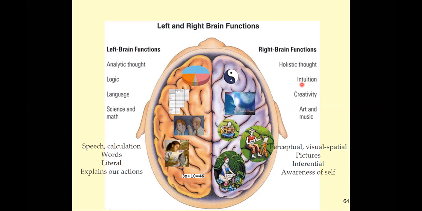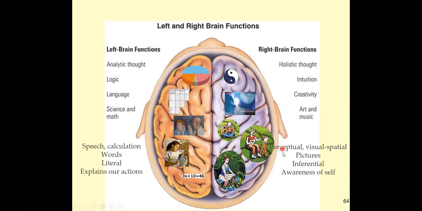When we know the answer to a question but don't exactly know how we arrived at that answer, this may be the big picture, holistic thought of the right brain putting the pieces together. The right brain is also very much active when we engage in creative activities. When we're engaging in artistic or musical creativity, there's a lot of activity in the right brain.